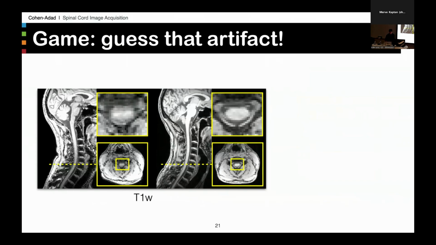Okay, so the artifact is indeed on the left. And now can someone tell me the source of the artifact? So this kind of blurry aspect of the cord, like the cord boundary that is much cleaner and sharper in this image.